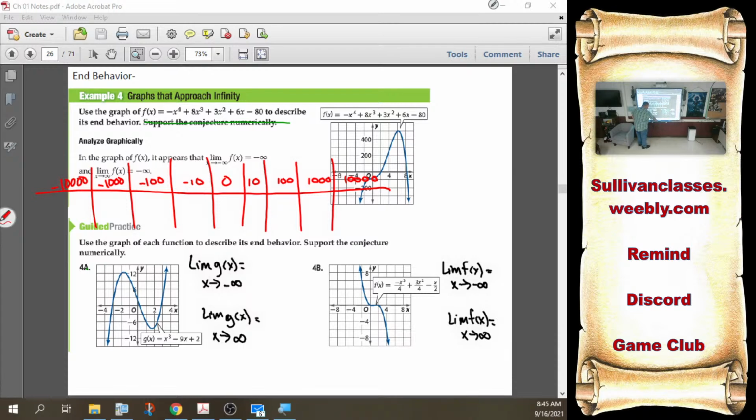Okay, this is just how they're going to look. You state two limits. The limit as I go all the way to the left is negative infinity. The limit as I go all the way to the right, positive infinity.